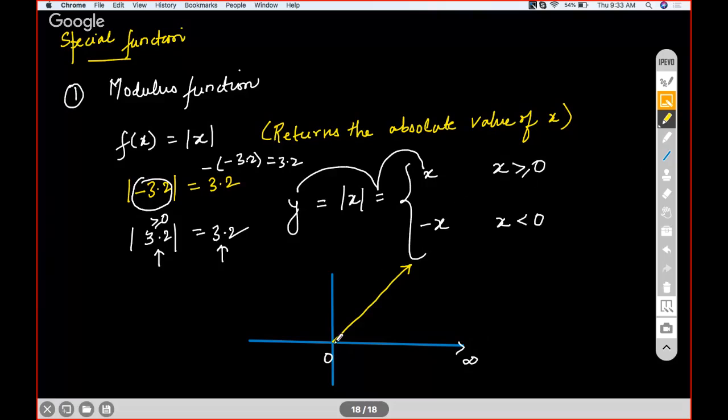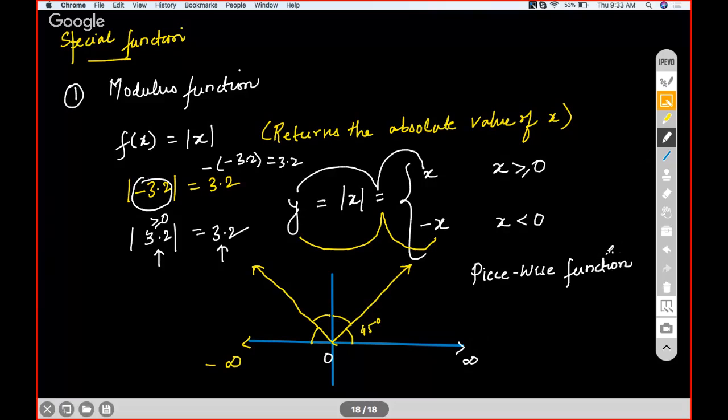Now for negative values, that means from 0 to negative infinity, I will plot y equal to negative x. That would be like this. So it will look like a V. And remember, these angles will be 45, 45, 45, 45. Such functions are also given the name of piecewise functions.